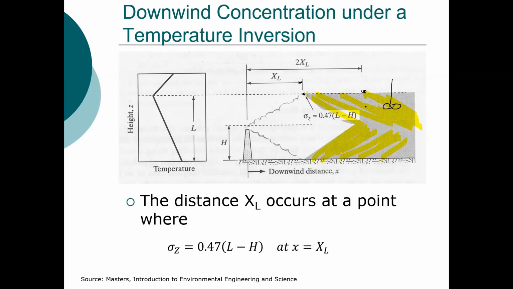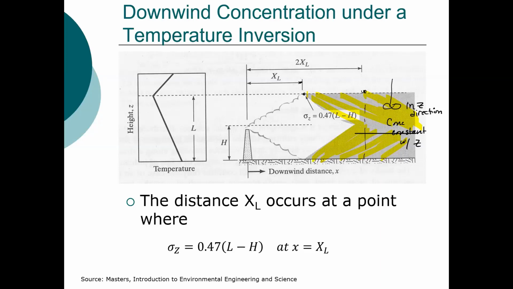So in this region here, we have complete mixing, and the concentration is no longer a function of Z. The concentration will change in the X direction, but it won't change in the Z direction. So think about it as complete mixing in the Z direction.